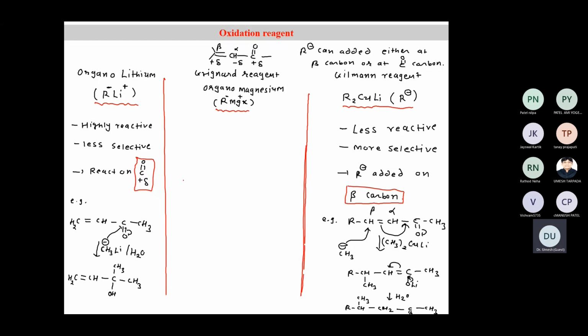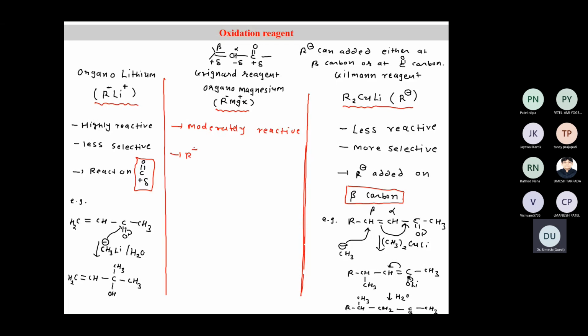Now what happens with this reagent? It is moderately reactive. One is highly reactive, the second is less reactive, and the third one is moderately reactive.